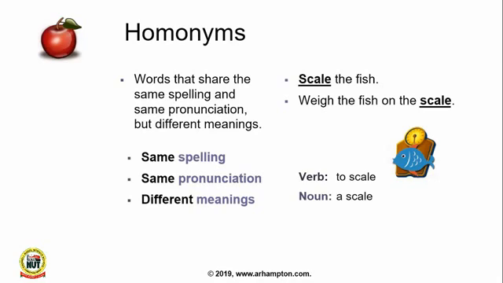In the second sentence, scale is a noun, which is a device that measures weight. So you put the fish on the scale, which is a noun. Notice that they both have the same spelling. You pronounce them the same, but they have different meanings, and this is what makes them homonyms.